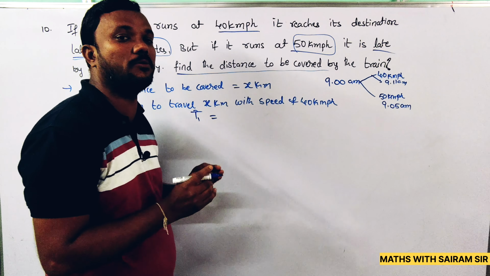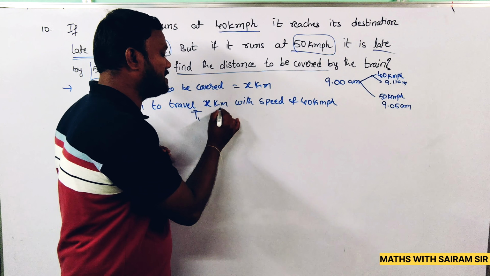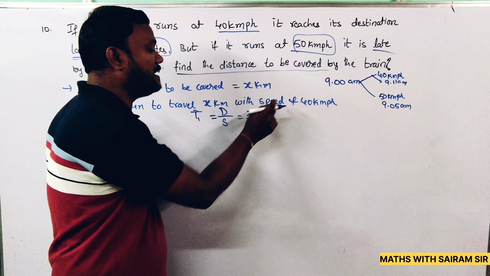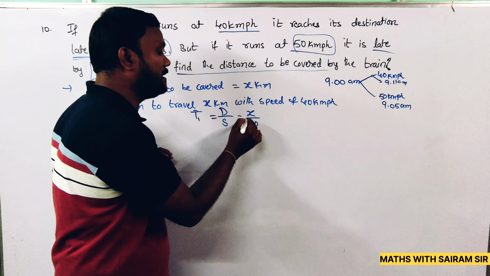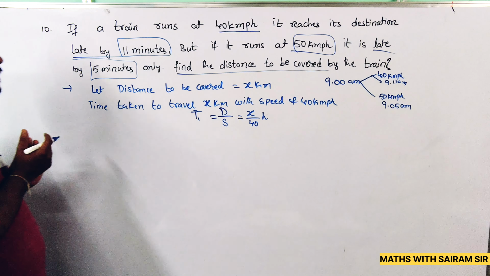For this I am going to make use of the formula: time is equal to distance by speed. Here distance is x kilometers, and speed is 40 kilometers per hour, so time 1 is x by 40 hours.